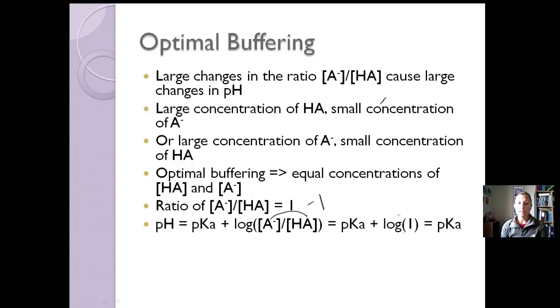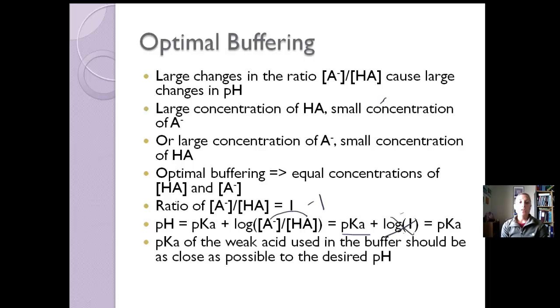Well, log of 1 is 0, so we're just going to get that the pH is equal to pKa. So, in general, the pKa of the weak acid used in the buffer should be as close as possible to the desired pH. So, we want our ratio to be 1, and then we want our pKa really close to our desired pH value.